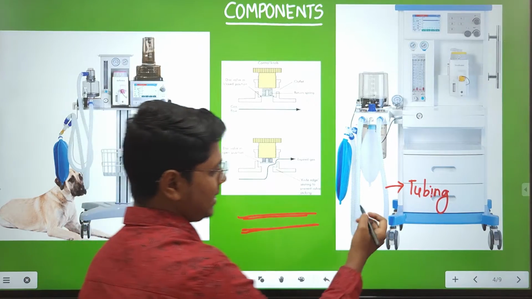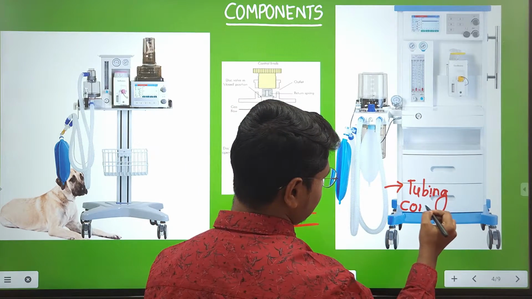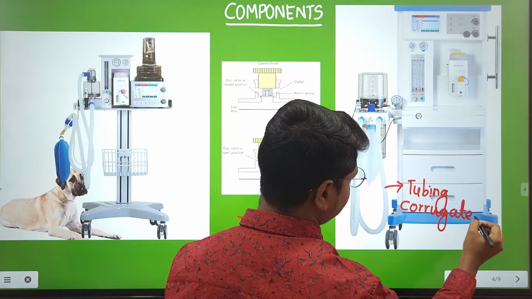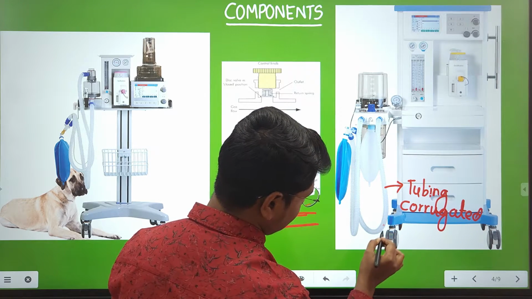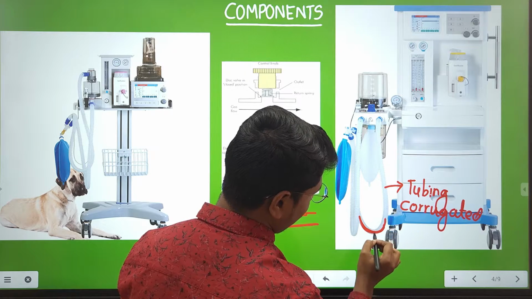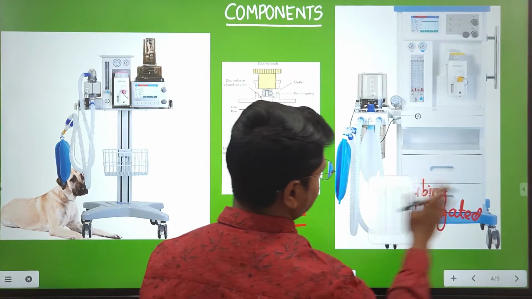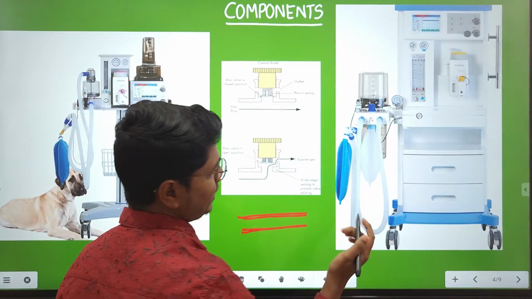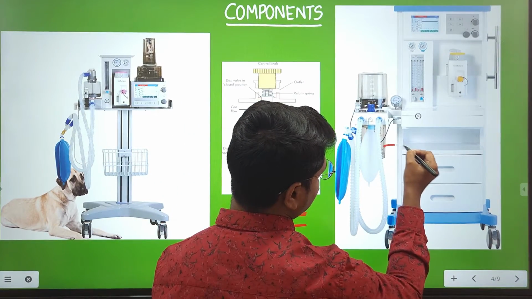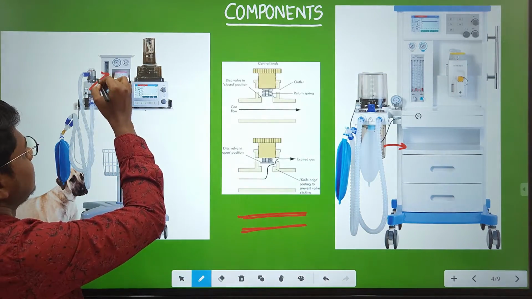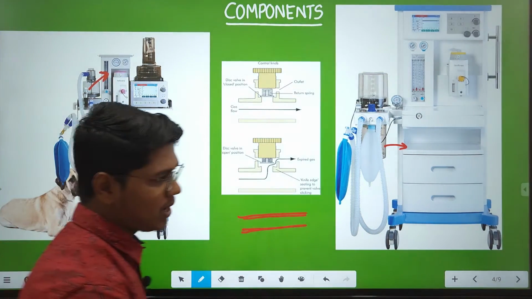So nowadays this corrugated type of tubing is used, so that when you bend it, there won't be any kinking. Next component is this one. You see this jar here and also this jar here, you can say this is the CO2 absorber.